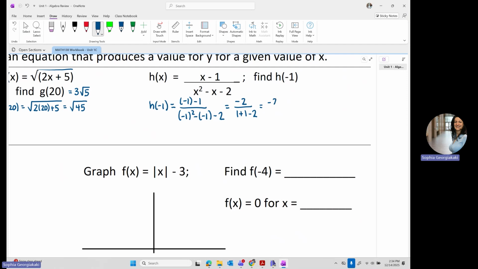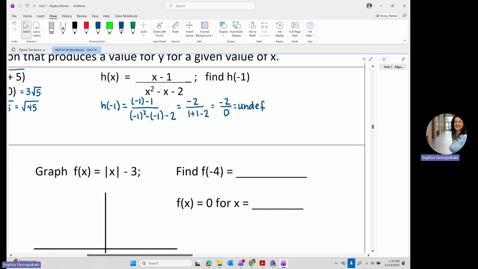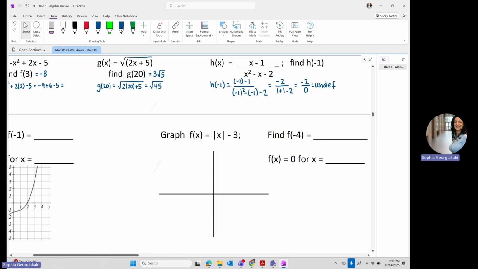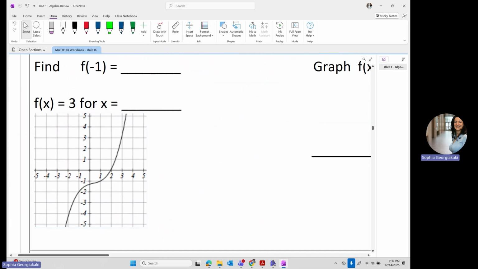I have negative 2 divided by 0. This is an undefined operation in mathematics. We cannot divide by 0. And actually, if we had found the domain of h, the value of x equal to negative 1 would not be part of the domain. And the reason x cannot be part of the domain is that the value h of negative 1 does not exist.